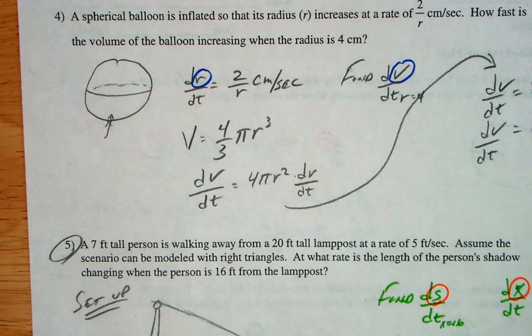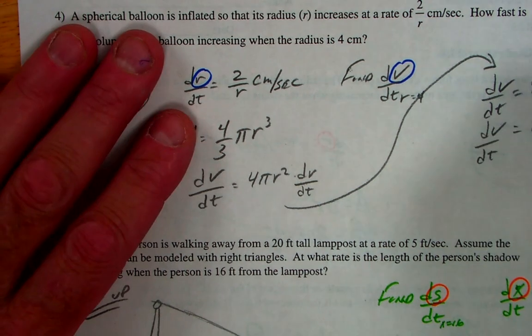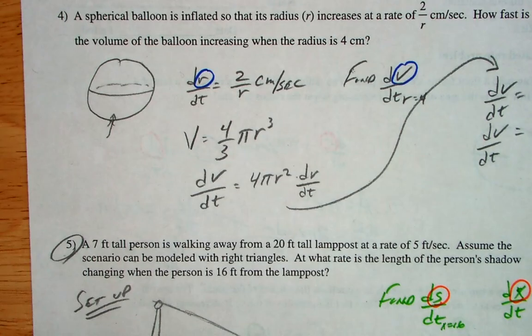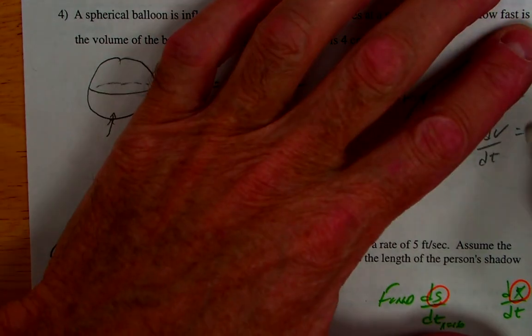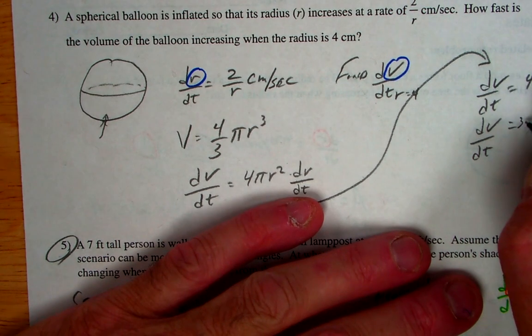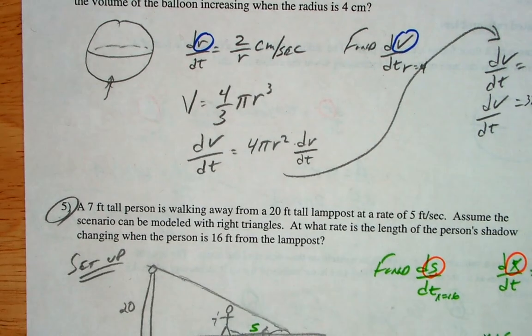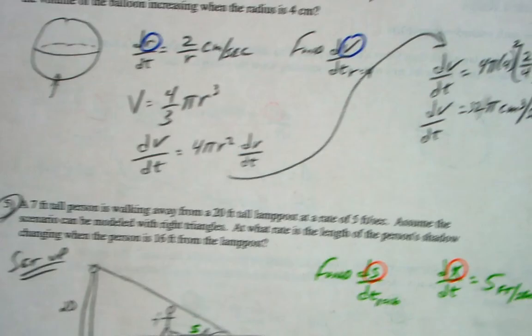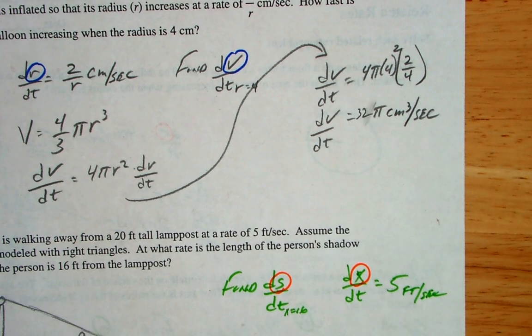Okay, what'd you get? 32 pi. 32 pi? Oh, I forgot to square. You had me there for a second. 32 pi centimeters cubed per second.